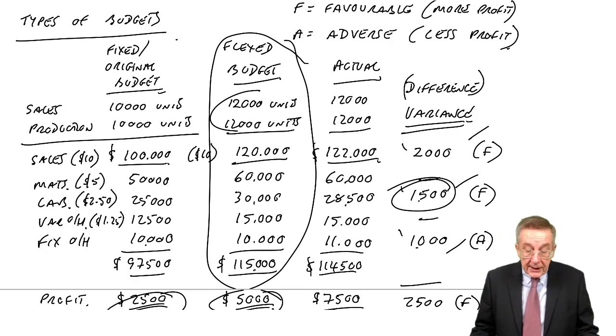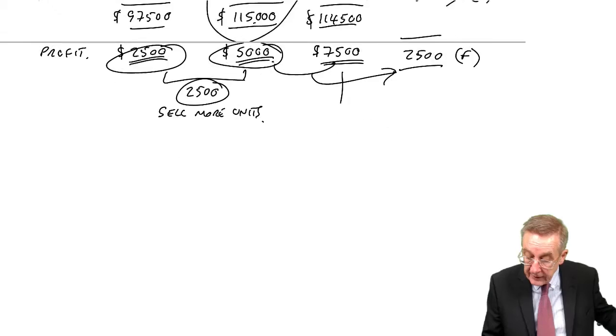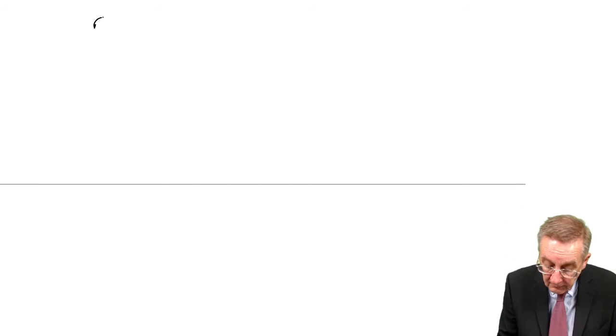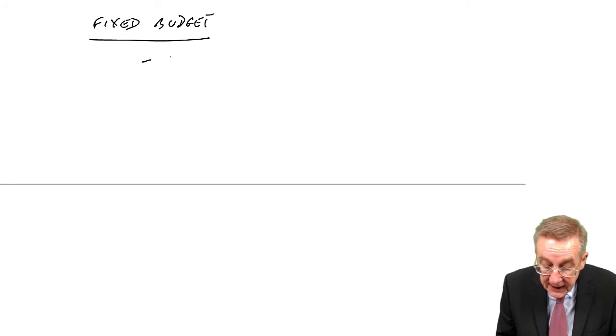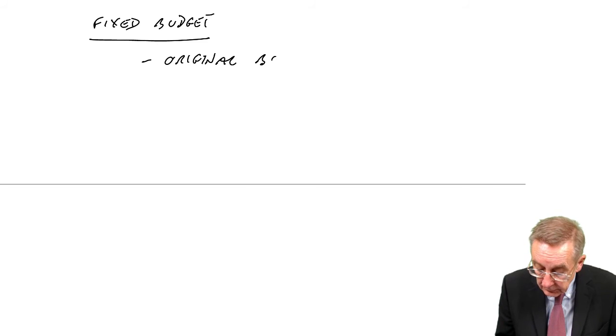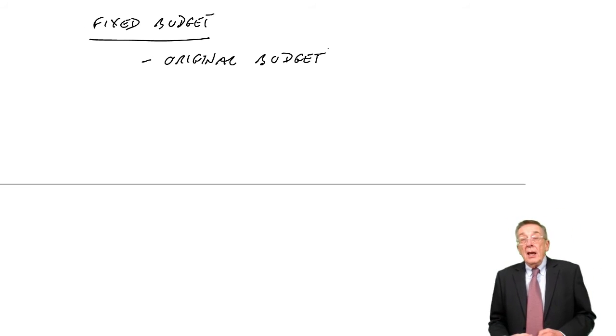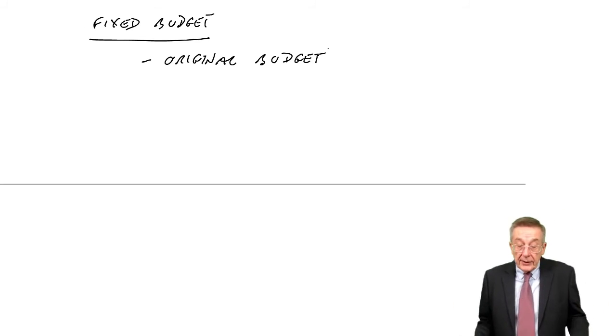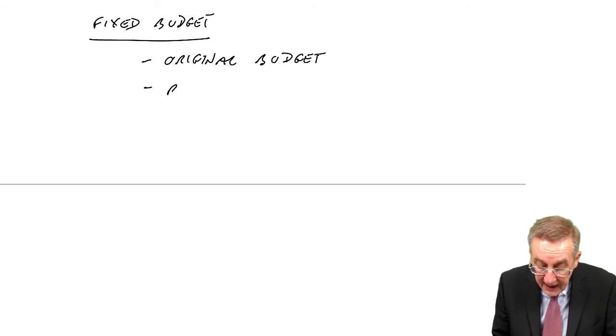And having explained that, if you want to go back to the previous page and fill in what they are, the fixed budget, that's the original budget. One relevance of it is it always remains the overall target.